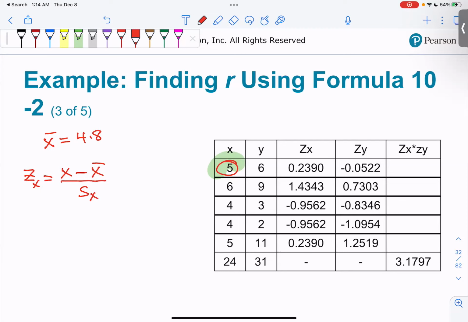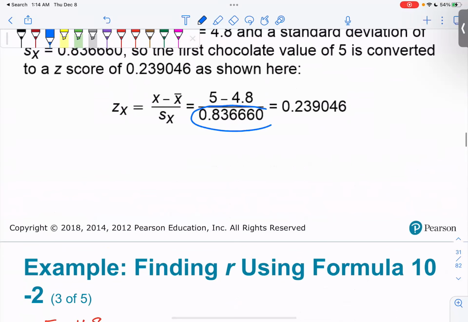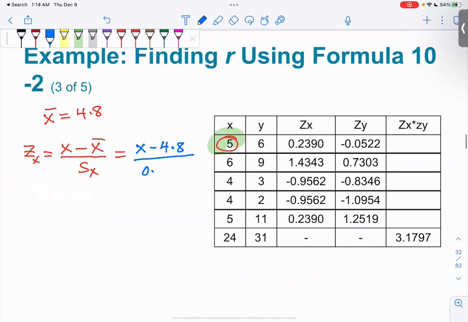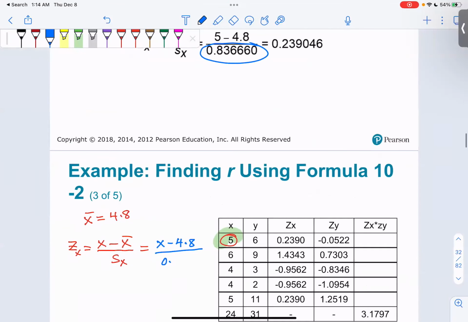So for the first value, we have x minus x bar, which is 4.8, and we have sigma, which is the standard deviation, which is 0.83666 maybe.